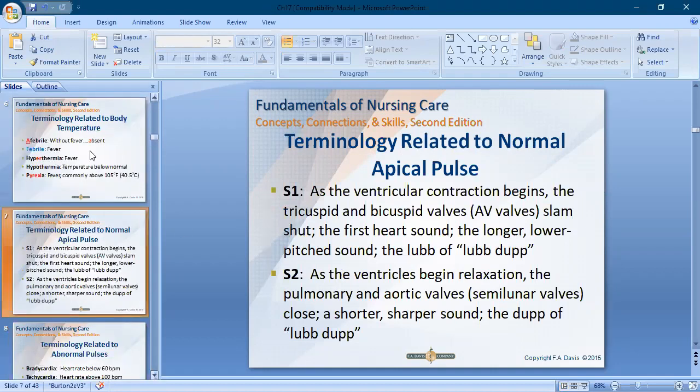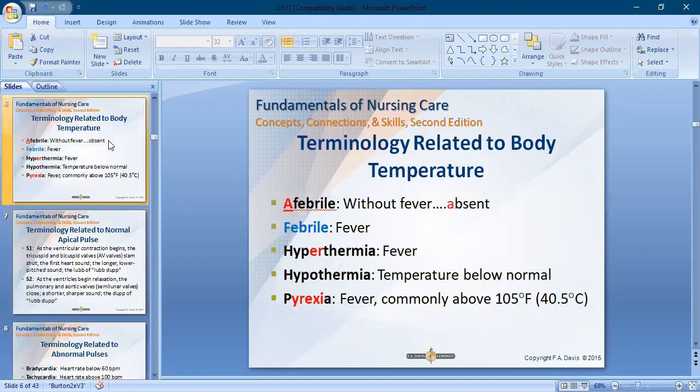This talks about the basic temperature, right? So you have to know what the normal temperature is for a normal individual, and it is better if we know all the normal ranges.